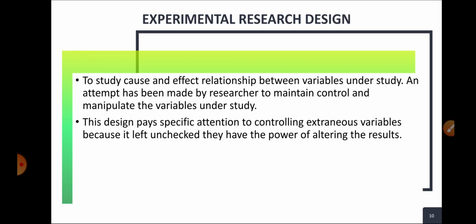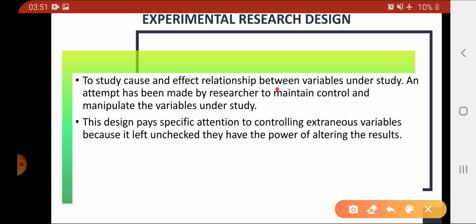The last one is experimental research design, in which we have to establish the cause and effect relationship between variables. If we are doing any experimental research in which we have to find out the cause and effect relationship among the variables, then the researcher should make sure that he maintains control and manipulates the variable under study.